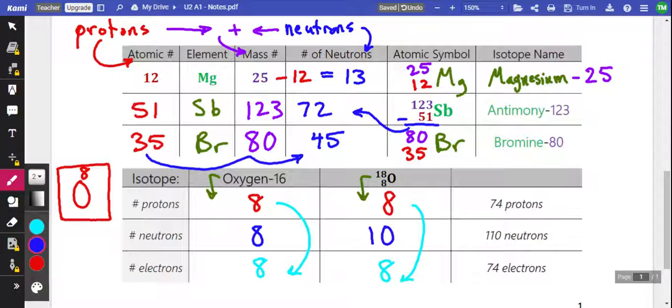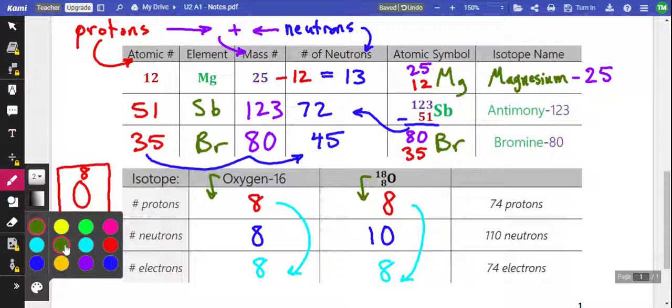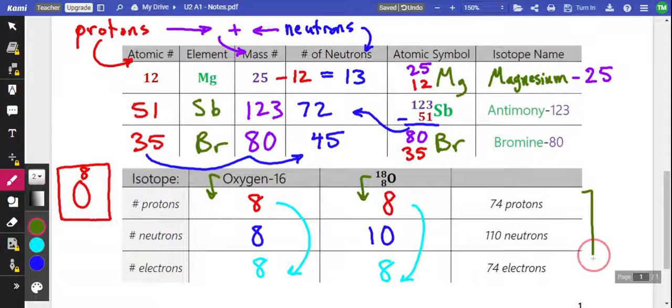Now, finally, you might have information already about an isotope, but we have to tell what the isotope is. So let's figure that out. We've got an isotope that has 74 protons, 110 neutrons, and 74 electrons. I can tell what element this is with just the number of protons alone.